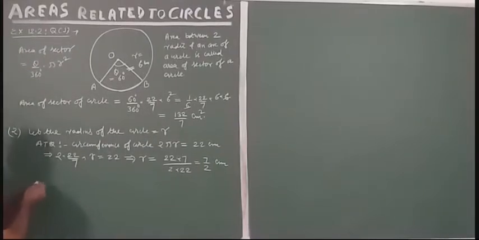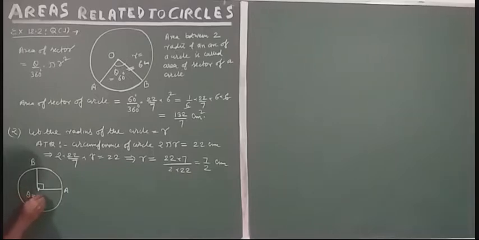What is a quadrant? Suppose this is the center of circle. This is one of the radii, and this is the another radius, making an angle theta of 90 degree.